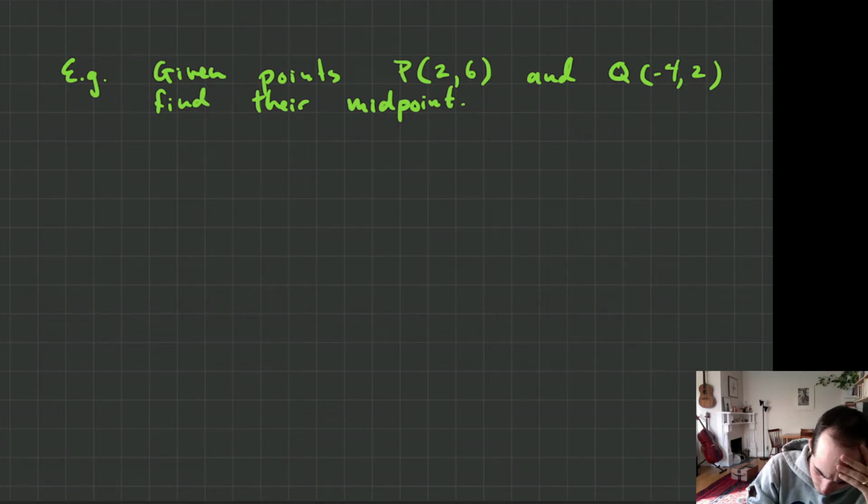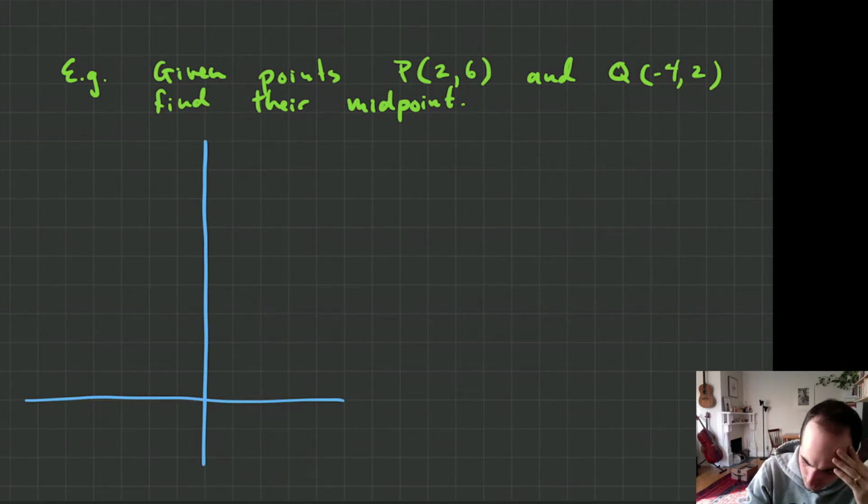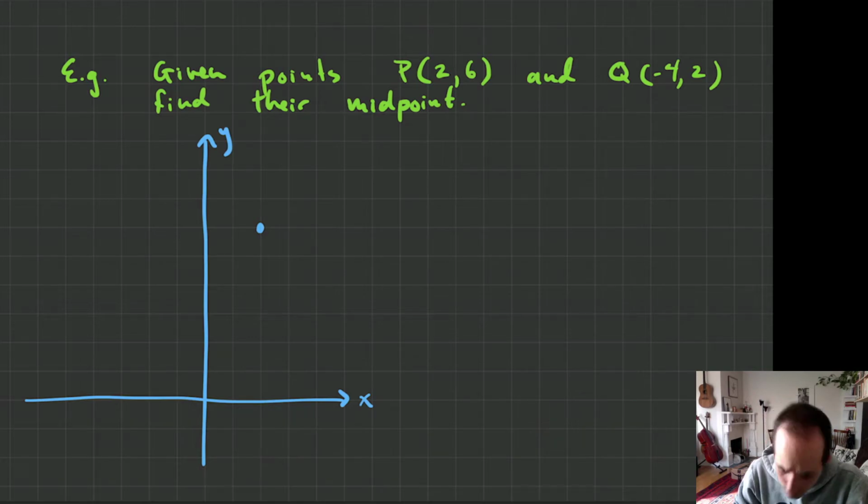Okay, so there we go, and then this is probably good. So this is my y and this is my x. So the point (2, 6) is going to be right here: 1, 2, 3, 4, 5, 6. That's the point (2, 6). And the point (-4, 2) is over here: 1, 2, 3, 4, and 2, like that.